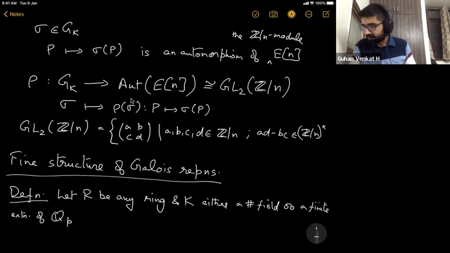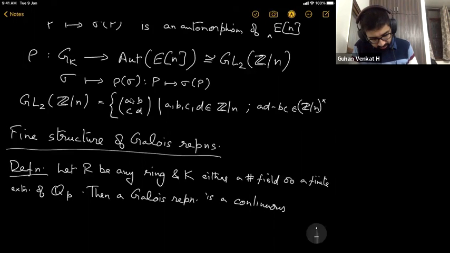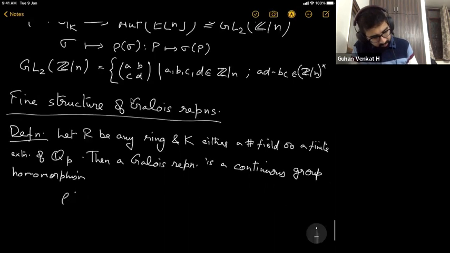So for now, there's no restriction. Then a Galois representation is a continuous group homomorphism rho from the absolute Galois group G_K to GL_n(R).